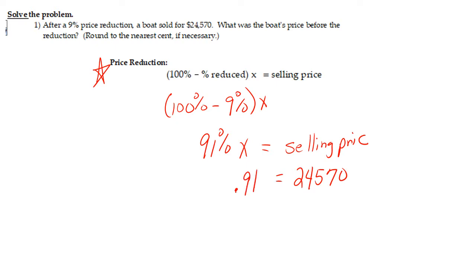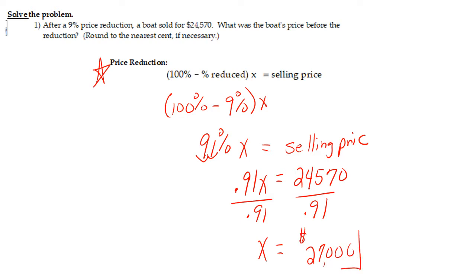And so I have 0.91x, moving that decimal 2 places to the left, and I divide by 0.91. And when we divide by 0.91, we will end up with x equals 27,000. Now that is the original price of the boat.